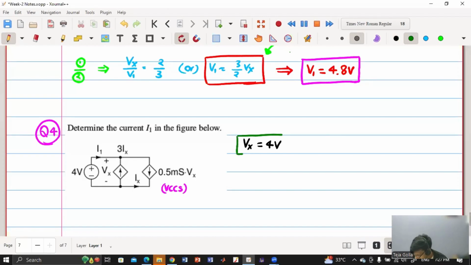Okay. Now we have to know the value of this current, right? So there are how many control sources here? One or two?